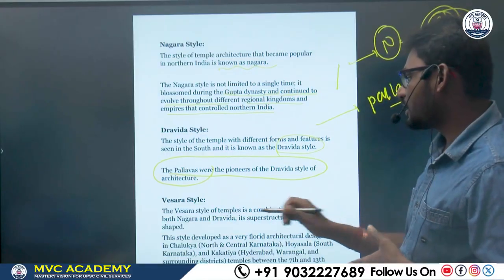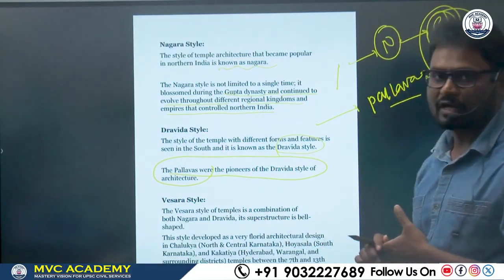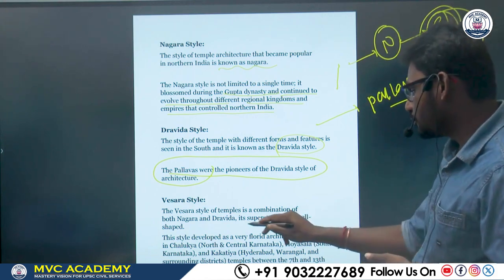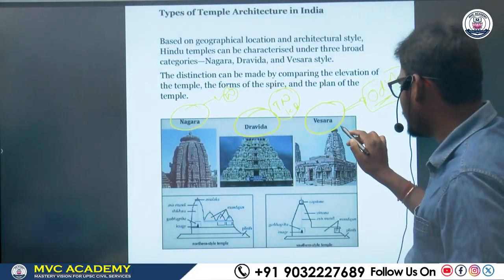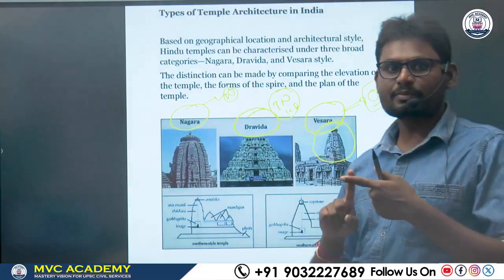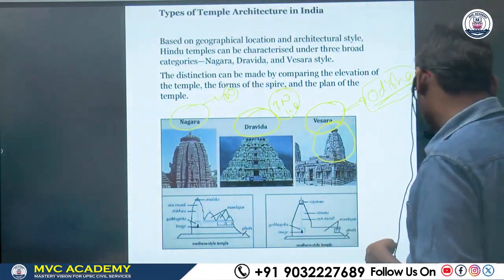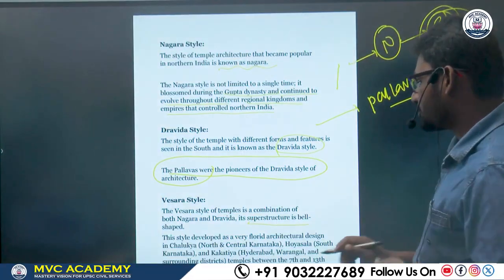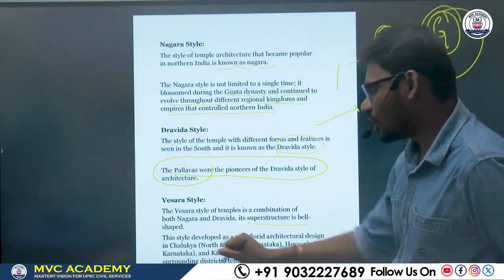Next, we are having Vesara style. The Vesara style of temples is a combination of both Nagara and Dravida. Its superstructure is bell shaped. So if you observe, a bell shaped temple structure can be seen in Vesara style. This style developed as a variety of florid architectural design in the Chalukyan era.